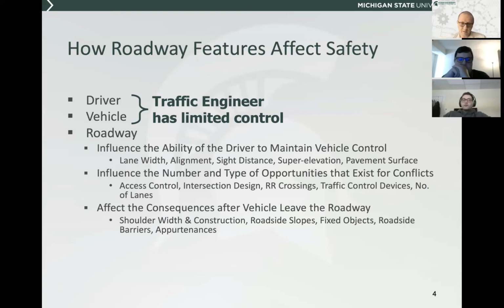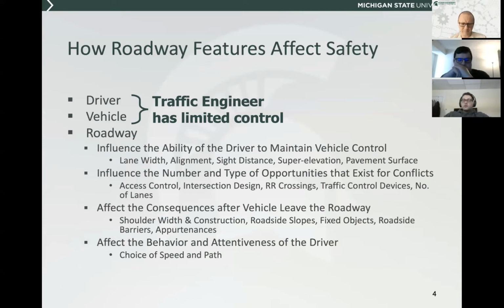Ideally, wider shoulders, more accommodating cross slopes so that they're recoverable, or at least traversable, for example. Minimizing fixed objects near the roadway, using barriers, crash cushions, other types of devices. And then, to a lesser degree, affecting the behavior and attentiveness of the driver.